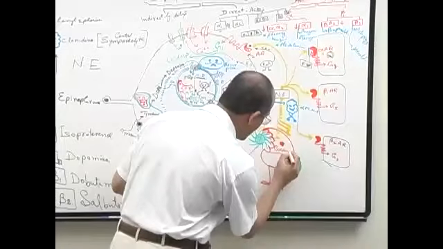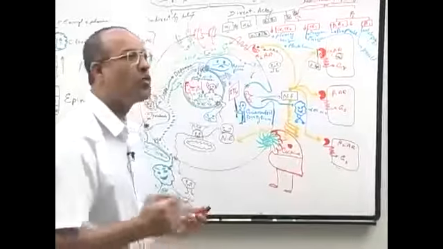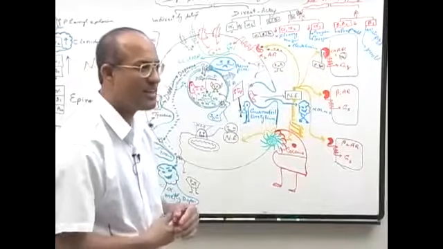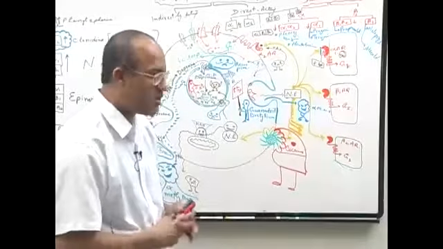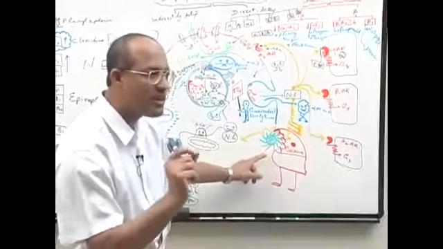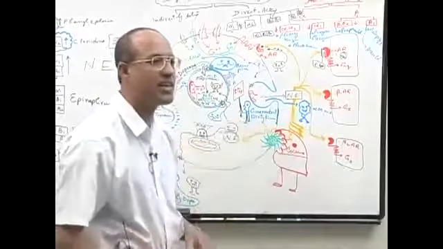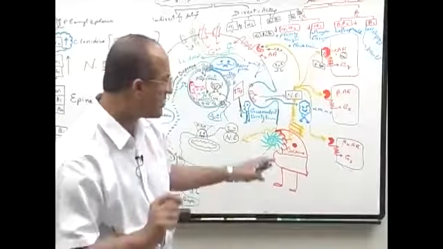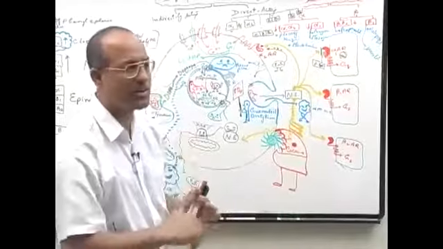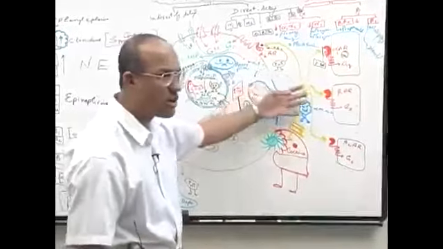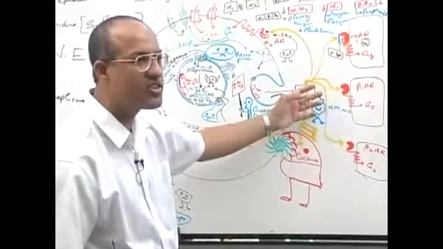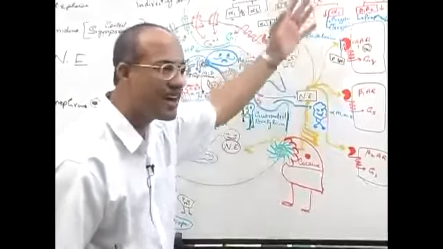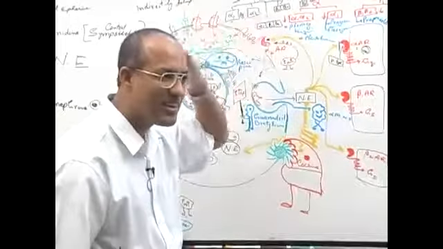But there are some drugs also we use. There are drugs that also bind with the reuptake and slow it down. They block this reuptake mechanism a little bit, so that the concentration of norepinephrine remains in this area a little bit high, right?